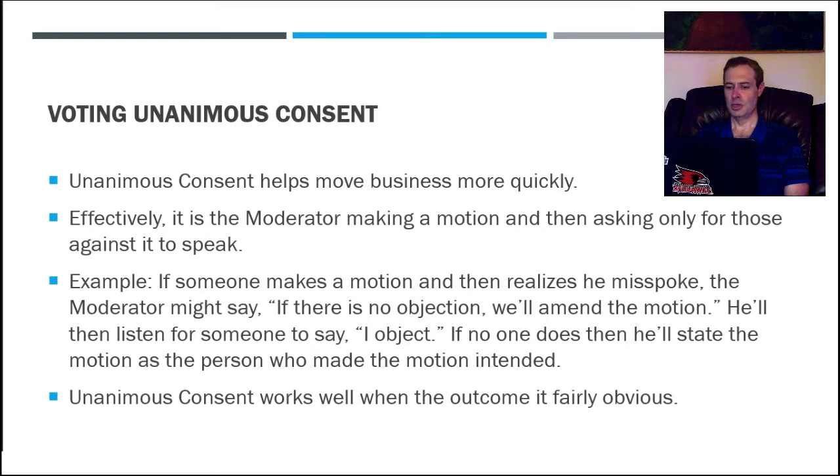So now the motion's been amended, and the moderator is stating it as amended, even though it was done with unanimous consent. Unanimous consent works well, and the outcome is fairly obvious. If it's not obvious, then we should be asking people to vote rather than using unanimous consent.